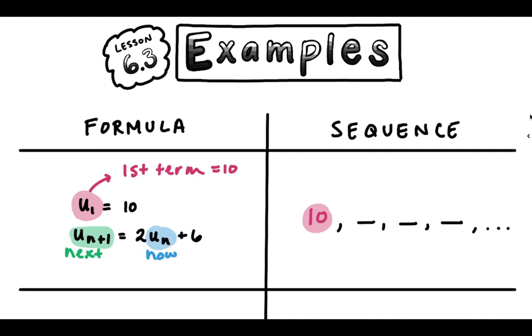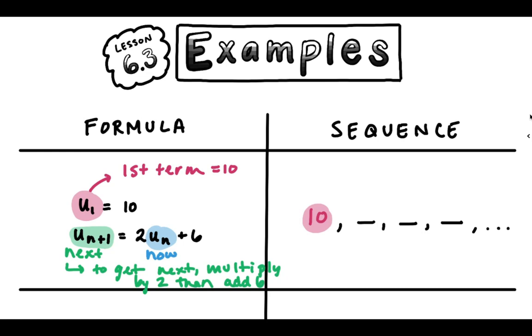Okay, so this is saying to get the next, you take the now, you multiply it by 2, and then you add 6. So to get next, multiply by 2, then add 6. So that's like instructions or a recipe for generating the next term in the sequence.